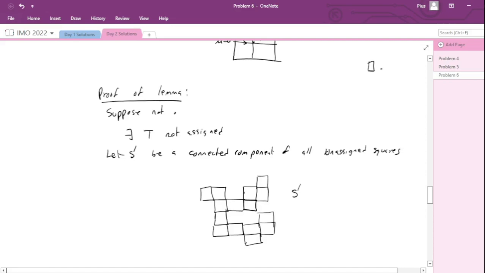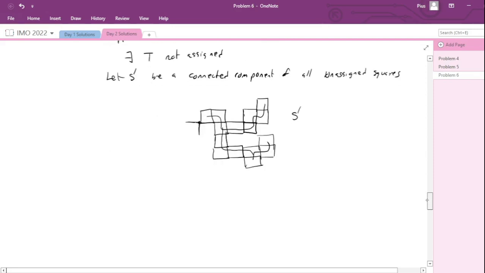So it means that every square here, all this, they are unassigned, and everything beyond that that might have been there before is already assigned to something. Of course, we could have some other components that are not assigned that touch it. So long as they don't share a side, we're not going to include that in our S prime.